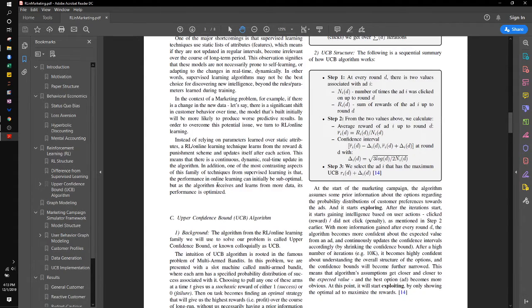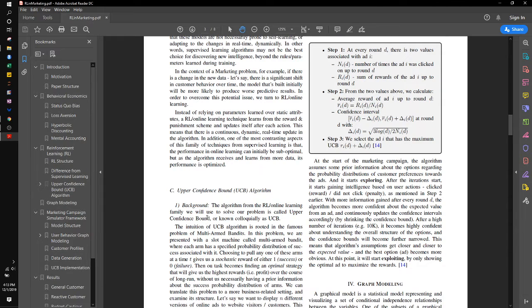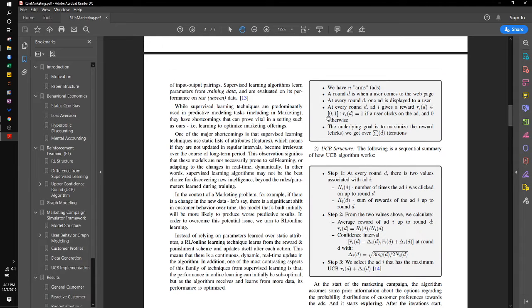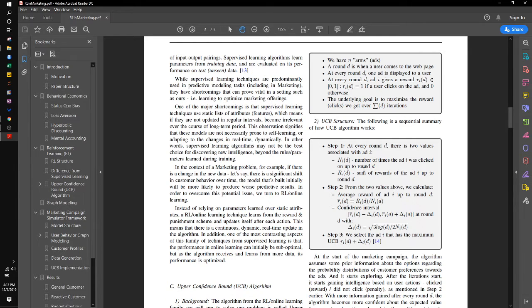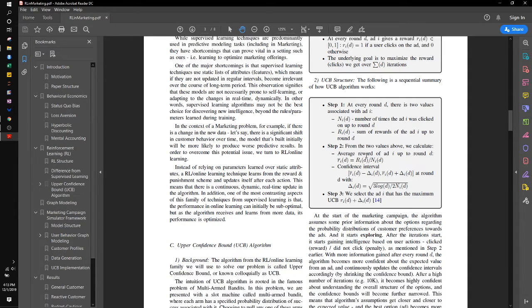And then what we have done is, in the RL or overall online learning families, there is the upper confidence bound, UCB, algorithm. So we use that UCB algorithm to actually optimize our offerings. And here we provided a business scenario similar to ours, motivated by the multi-armed bandits problem, and then we have the mathematical and statistical structure of how the UCB algorithm sequentially makes decisions.